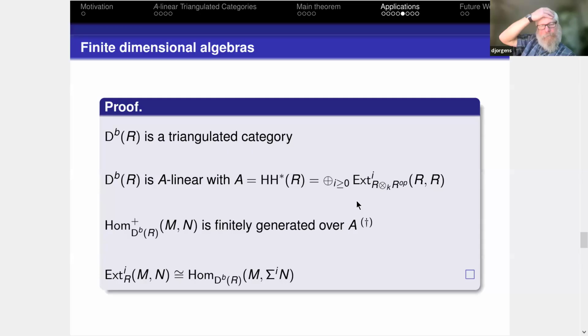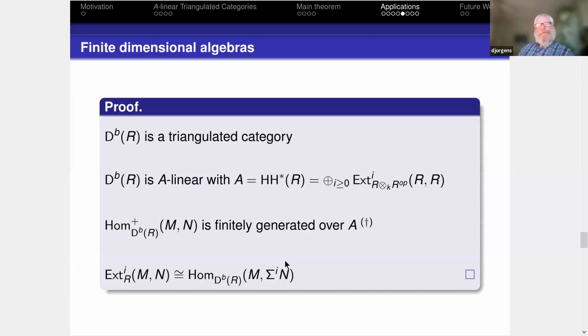And so we're assuming that the Hom plus is finitely generated over the Hochschild cohomology ring. This happens sometimes. And in this case, again, the X is just the cohomology of the triangulated category.